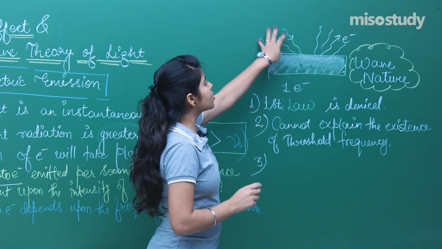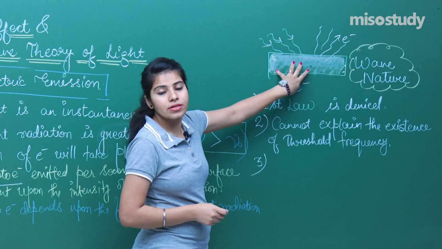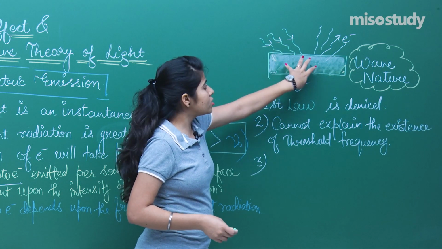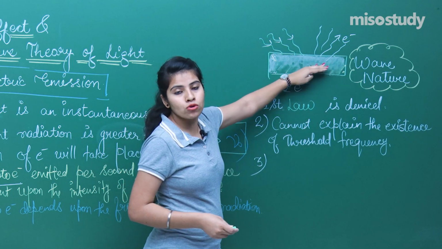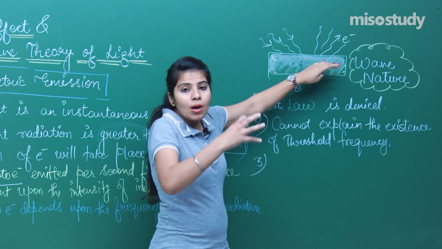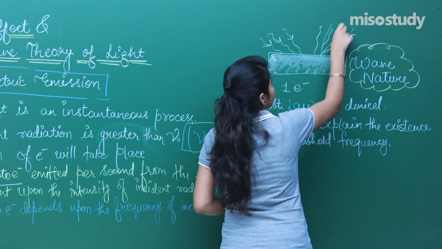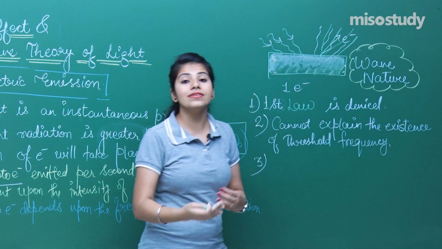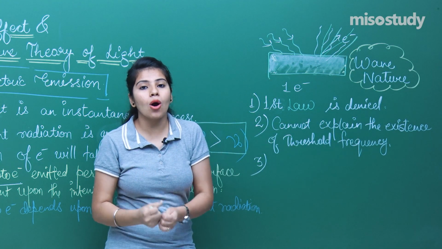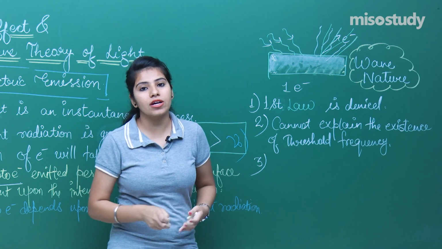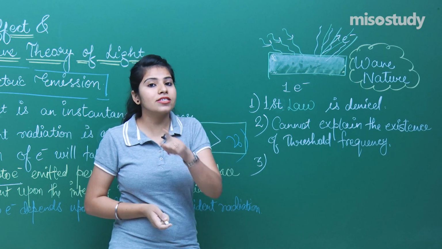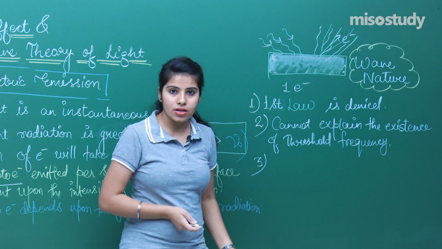Here, because the waves are falling upon the metallic surface, when the energy is absorbed by the electrons present over the surface, the more the energy gained, the more will be the velocity of the electron. More the energy absorbed, more will be the velocity of the electron. So it is dependent upon the intensity.